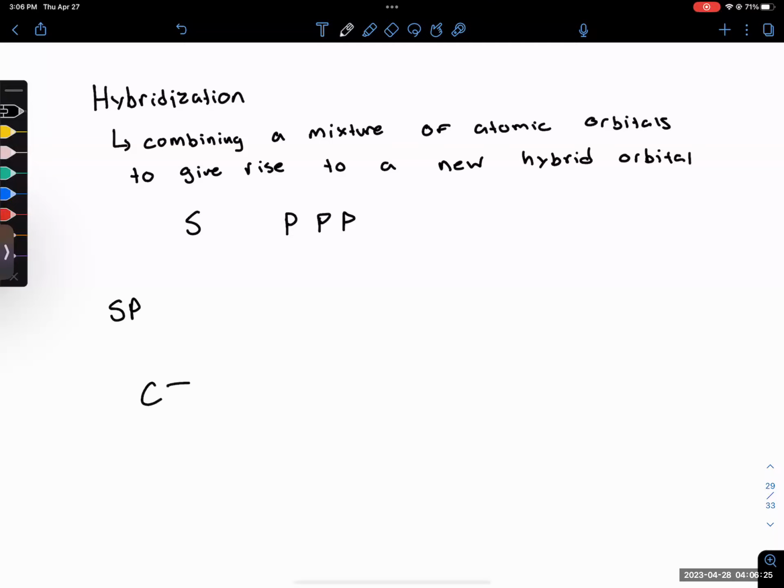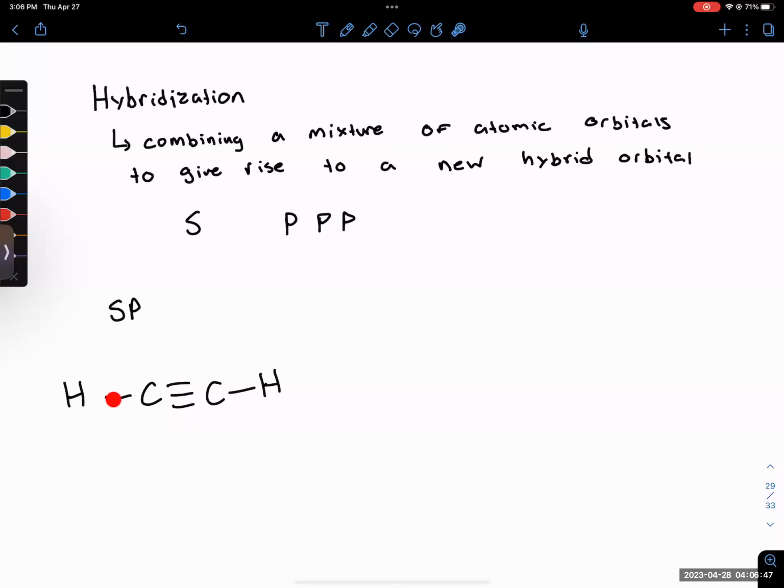The best example I can think of off the top of my head is this carbon in this specific molecule. It has 1 and 2 electron regions, right? Even though this is a triple bond, we only count it as 1 electron region when we're talking about hybridization.